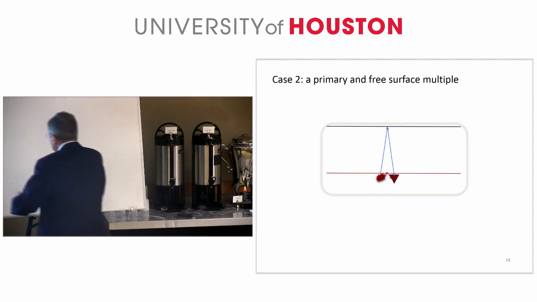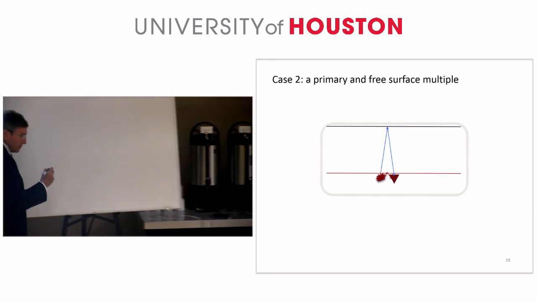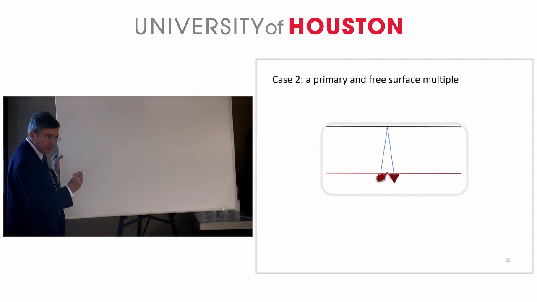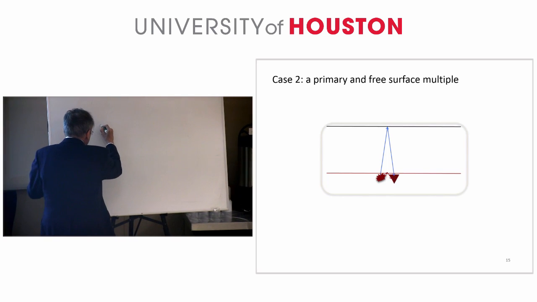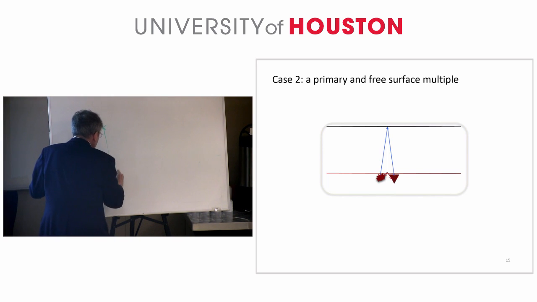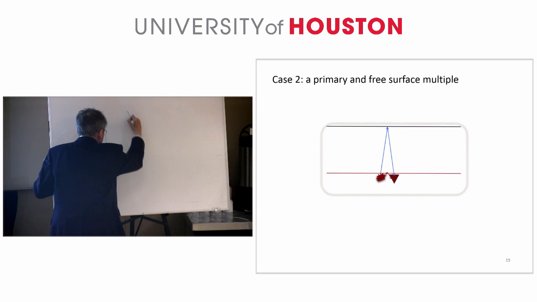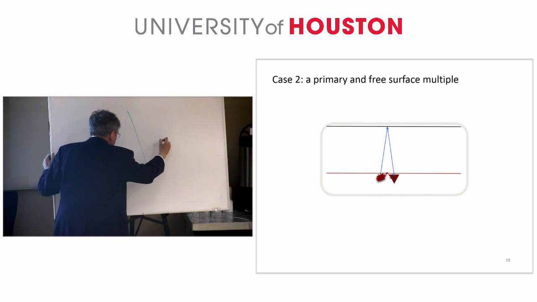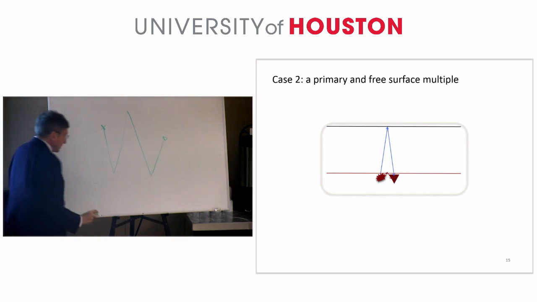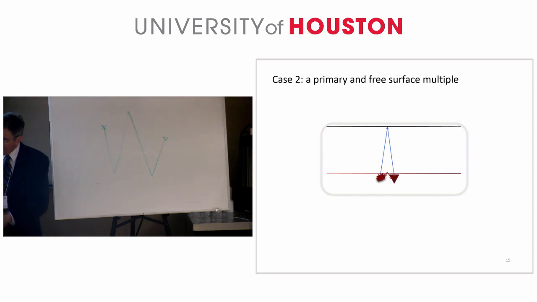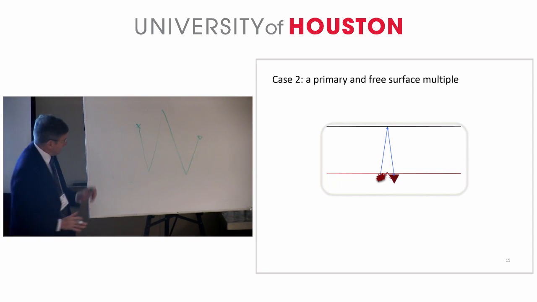So here's how people use multiples, yes? Let's say you have a multiple like this. I'll make a free surface one, yes? This is to prep ourselves for Chow Ma showing you more detail.